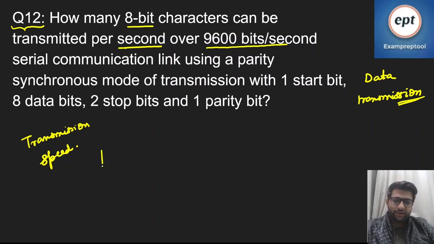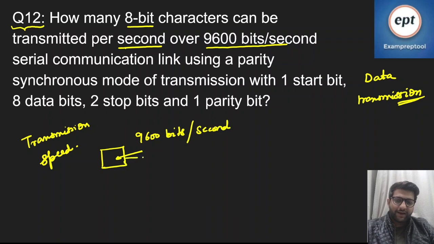Let's say this is our interface. This interface has a speed of 9600 bits per second transfer speed. That means this particular interface can transmit bits on the line at a speed of 9600 bits per second.